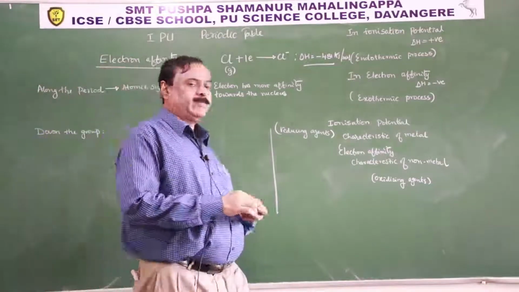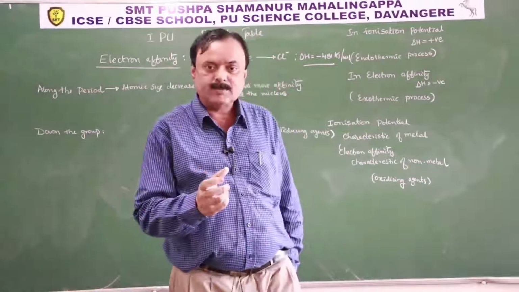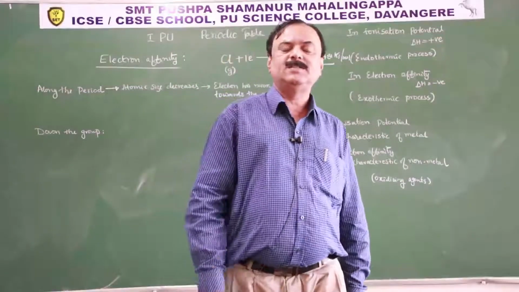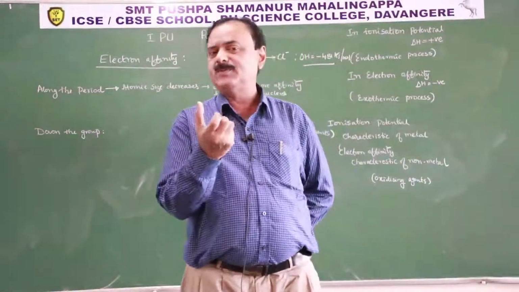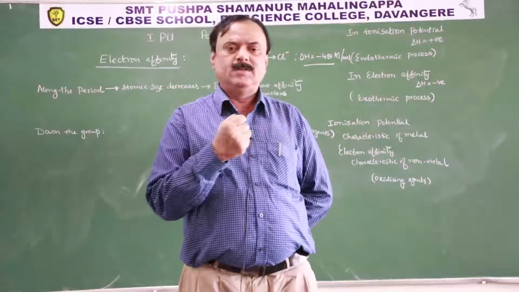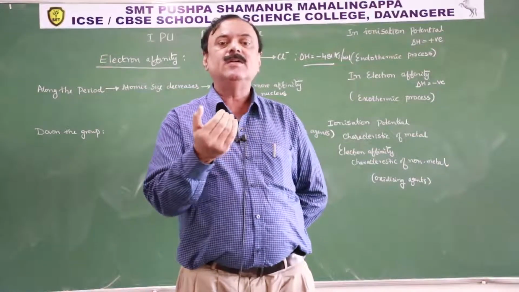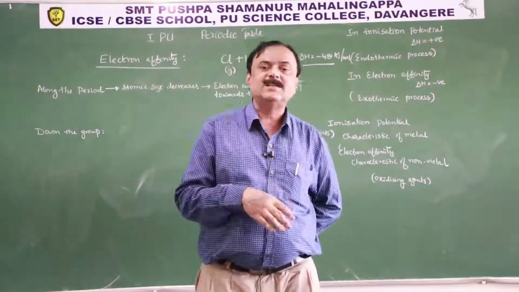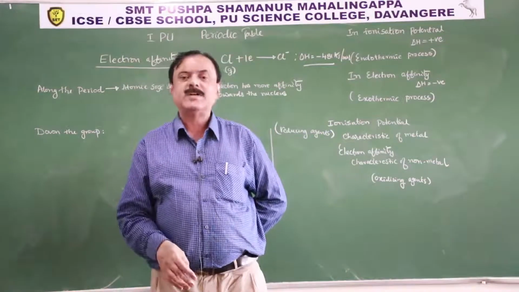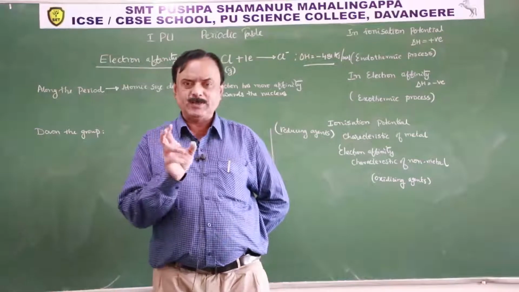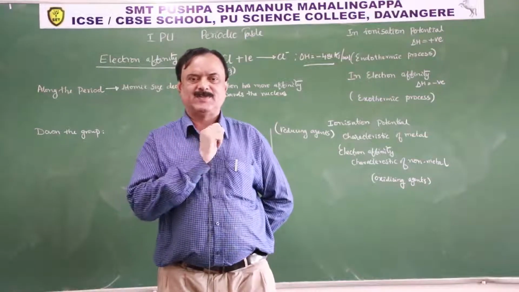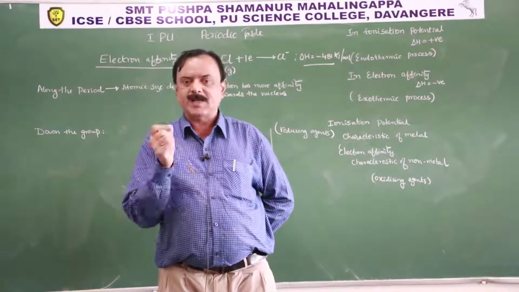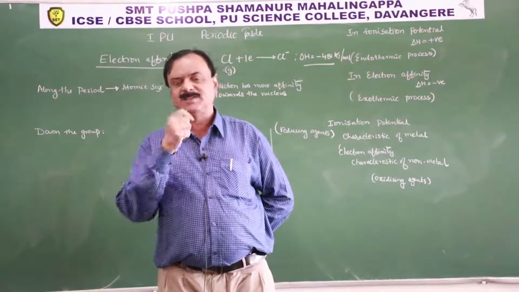Is it clear? Whenever it is very close to the nucleus, then the affinity force will be very high. Affinity means it attracts towards the nucleus. It indirectly implies that the nuclear force of attraction between the nuclear charge, that is the nucleus of an atom, and the added electron will be increased.